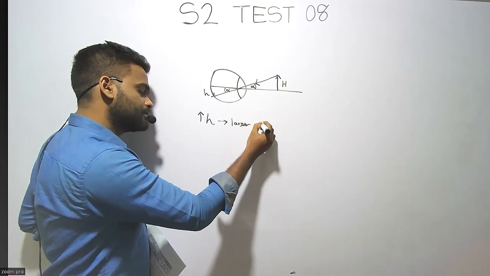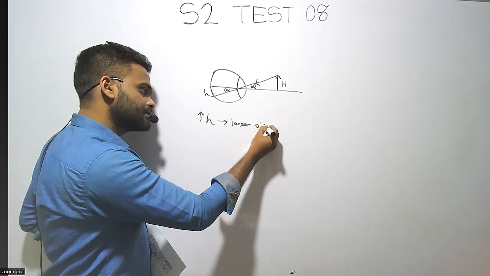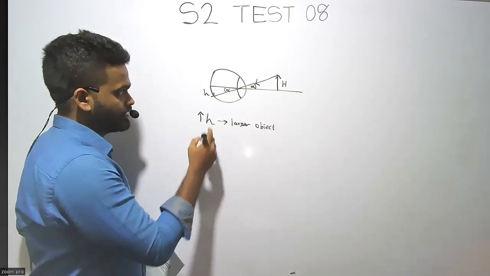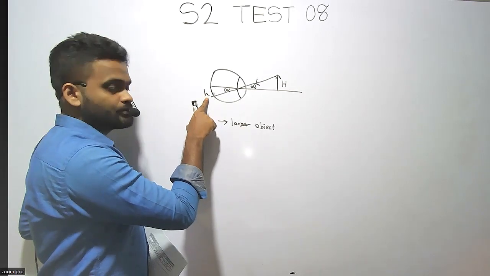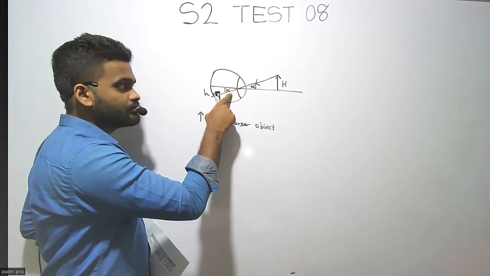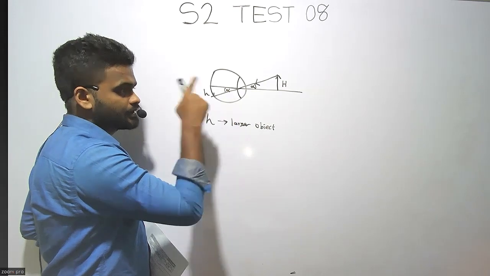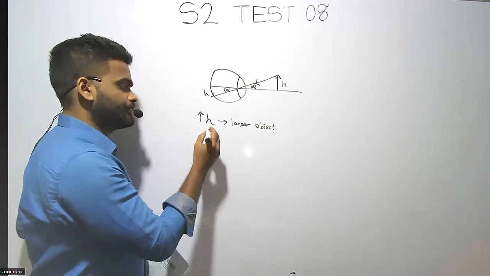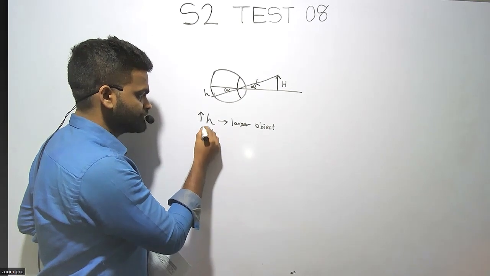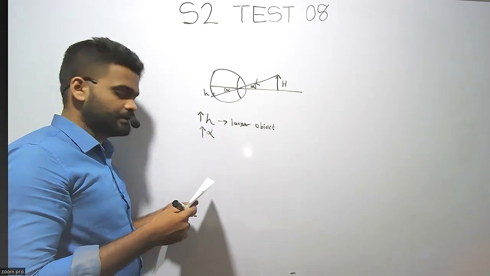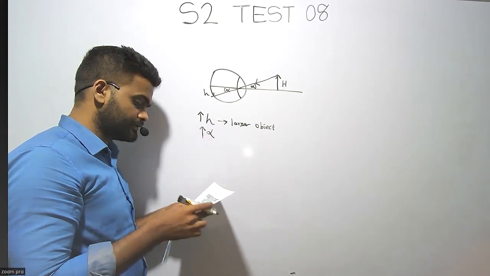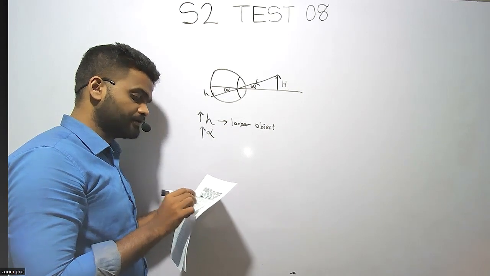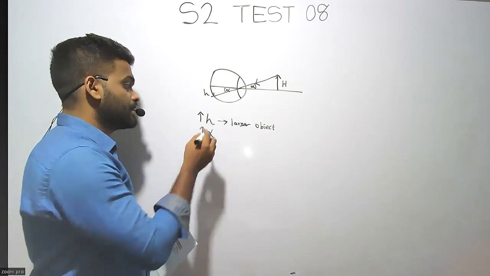So you see that as a larger object. In order to have this h be a larger value, this angle of vision has to be larger. Now you already know the answer. So the answer should be the third one, right? Height of the image made on the retina.